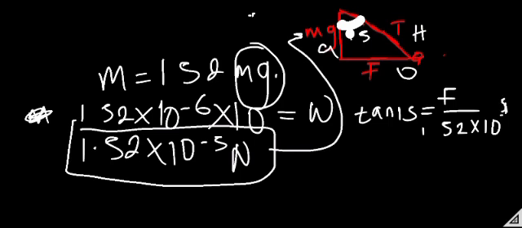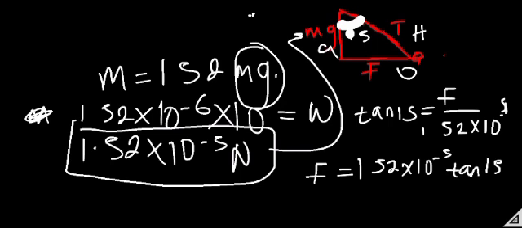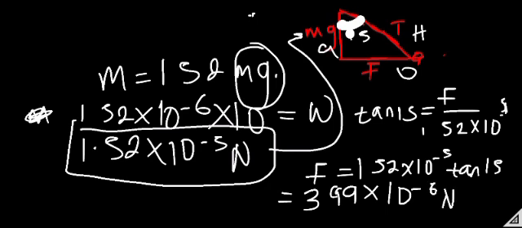Alright, so when we make F the subject, F will be equal to 1.52 times 10 raised to power minus 5 times tan 15, right? So when you press your calculator, you have F equal to 3.99 times 10 raised to power minus 6 Newton.